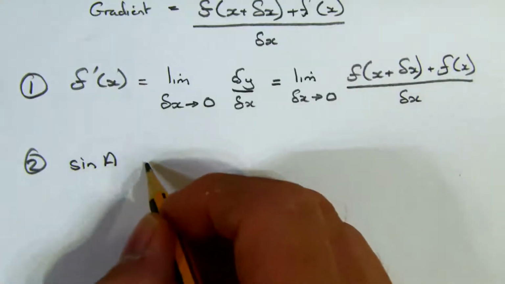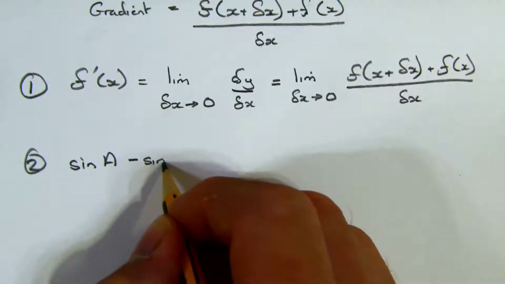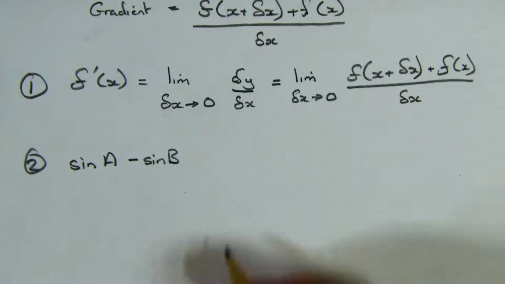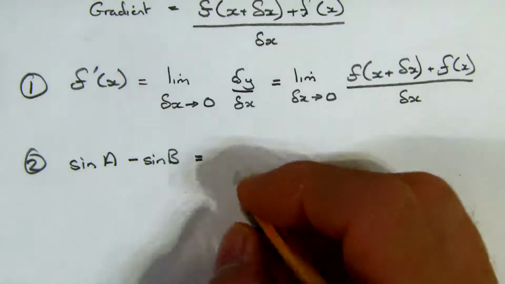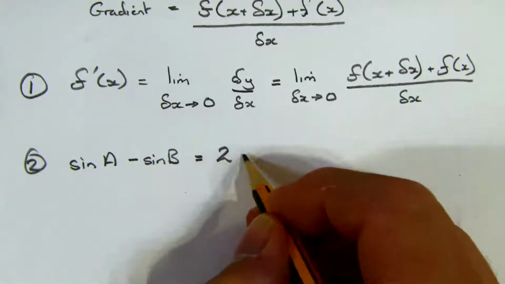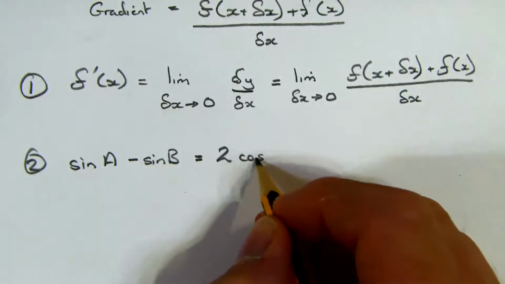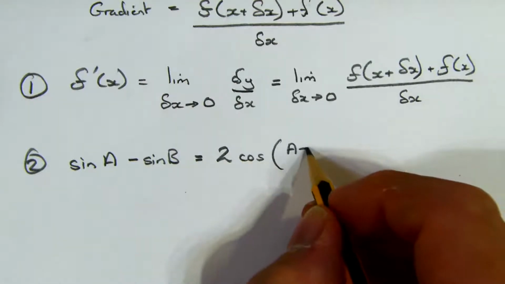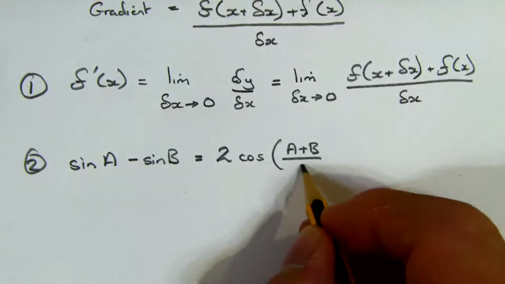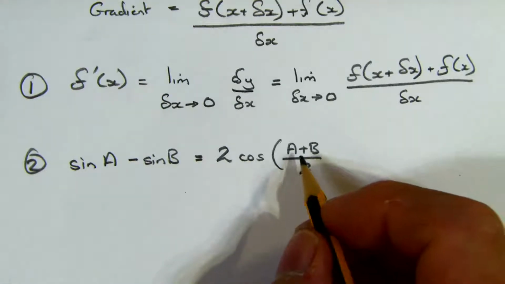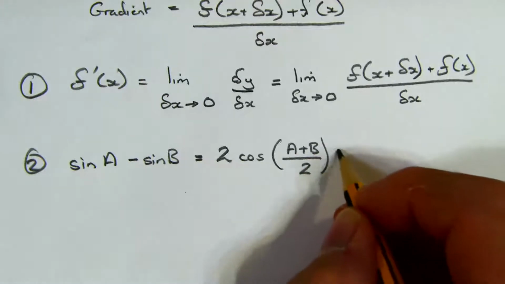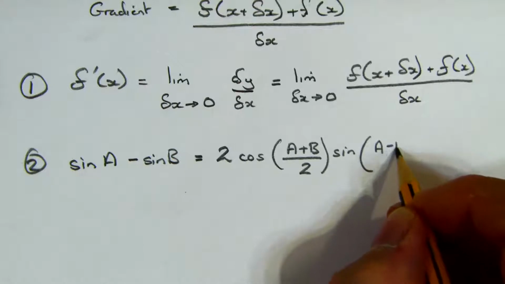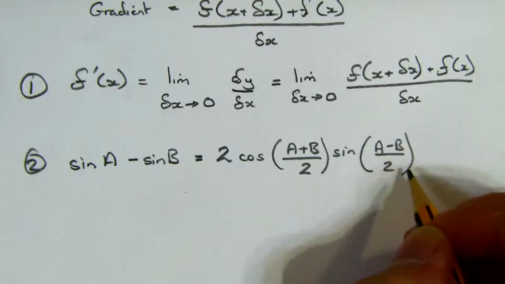sine A minus sine B, and I worked this out in a previous lesson, this is going to be 2 cos of (A plus B) over 2 times the sine of (A minus B) over 2.